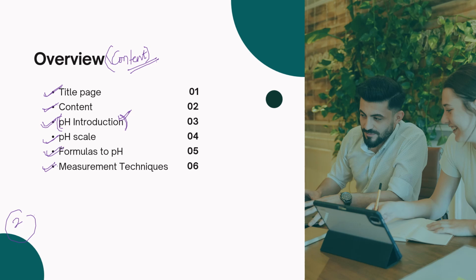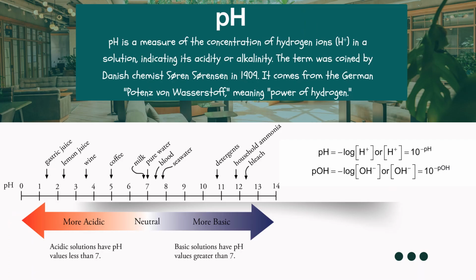Okay, so let us discuss the first one. What exactly is pH is very interesting to know. So pH is basically a measure of the concentration of hydrogen ions, H plus, in a solution.